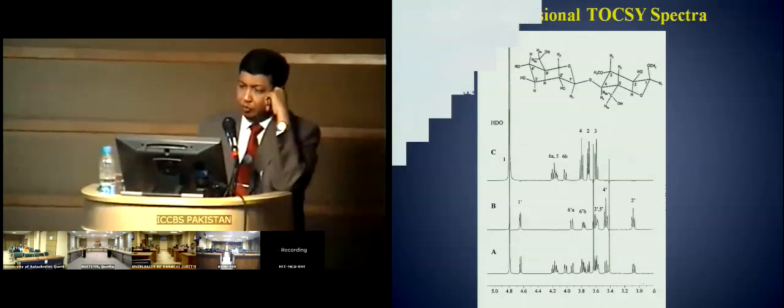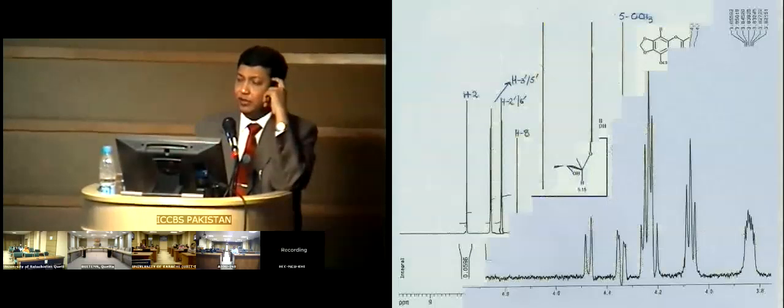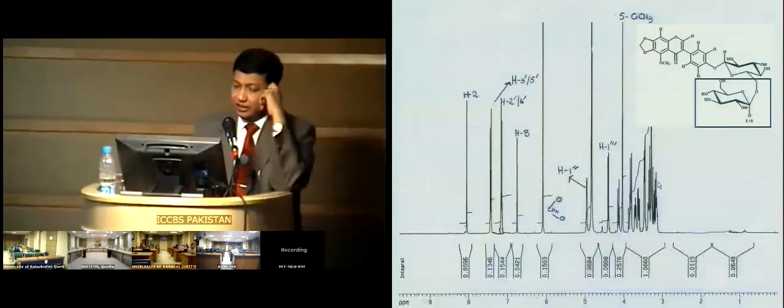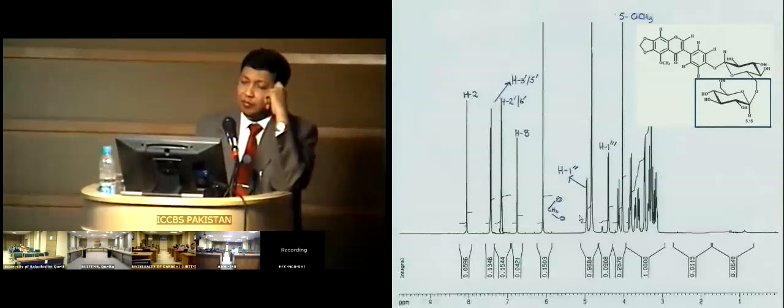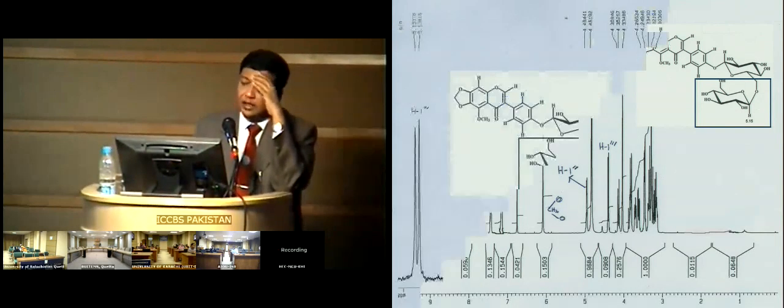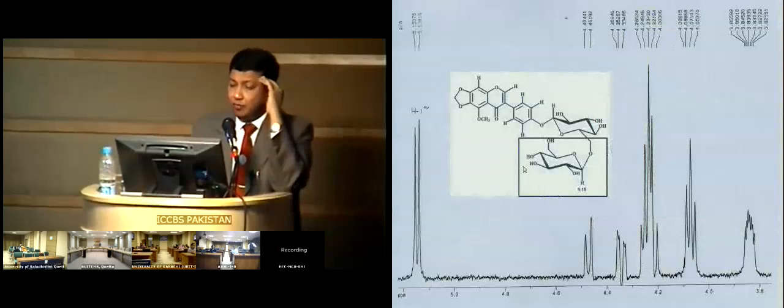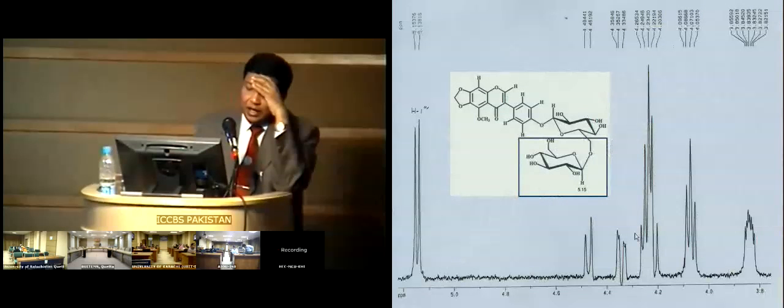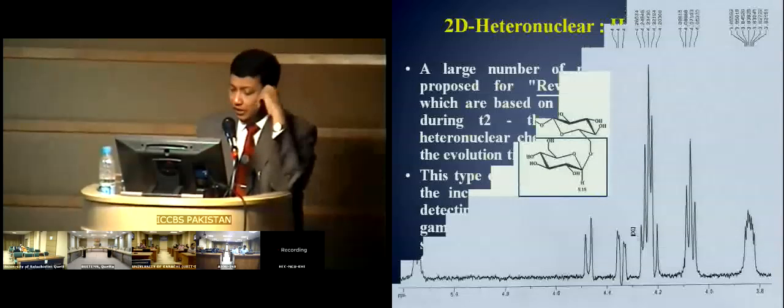And I showed you the example of our own work in which we had two different sugar molecules, and this is the whole spectrum of the molecule in which you see all of them overlap, the two sugar moieties have overlapping signals, but if you record TOCSY 2D, then you see a proton NMR of this particular one and the other also. So you can record.